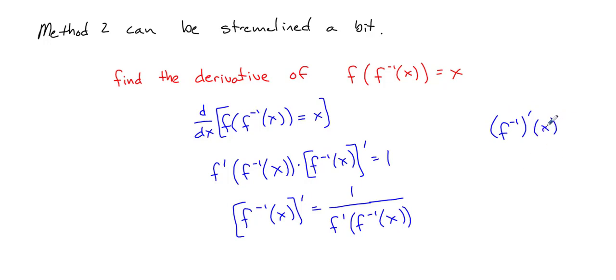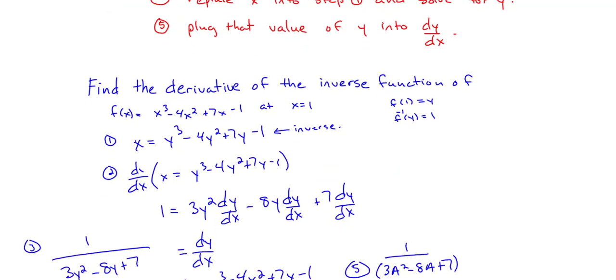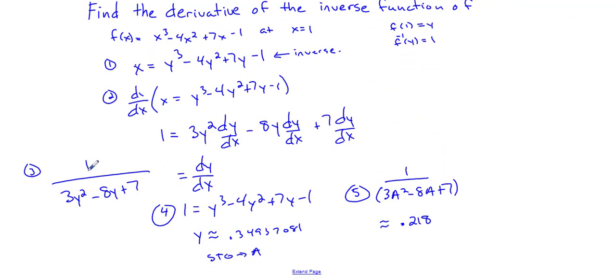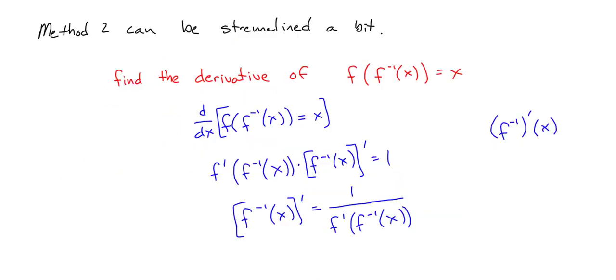That's the same thing. Now think about this, guys. If I go backwards for one quick second, 1 over the derivative evaluated at the inverse, that's right here. Okay, we're going to streamline it a little bit though.